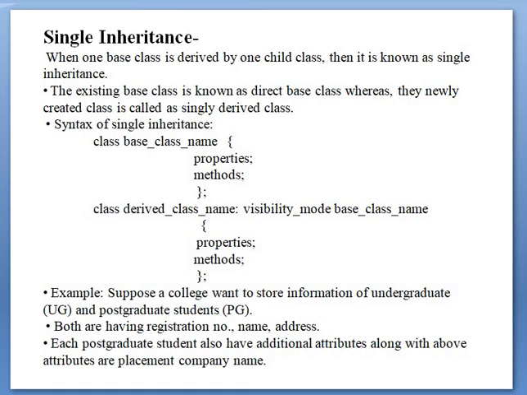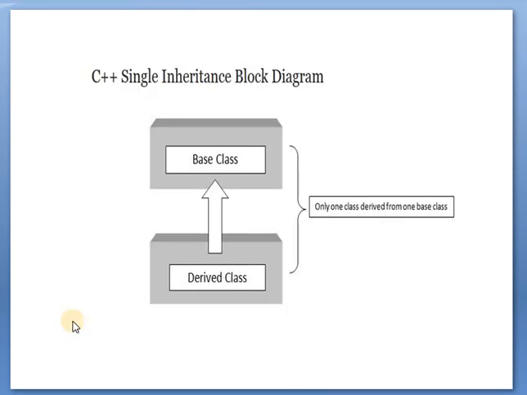So here we can create a base class for the undergraduate student, and we can derive the postgraduate student class from the undergraduate student class. We will see one block diagram for single inheritance.